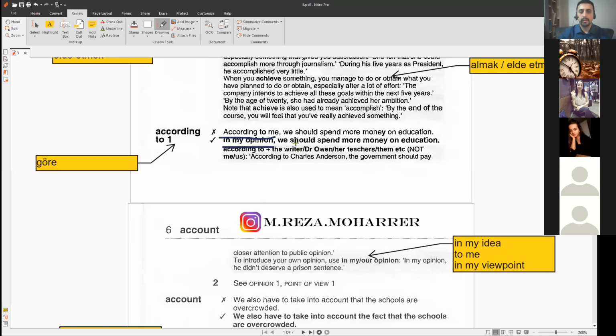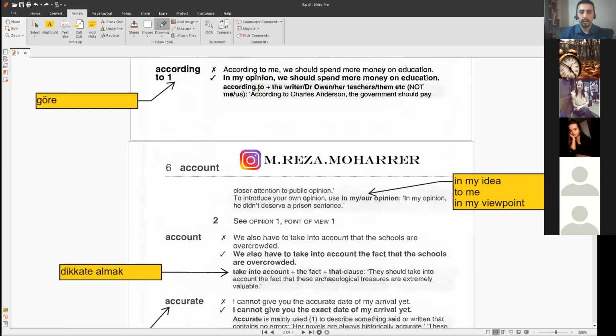In my opinion, we should spend more money on education. So what is the difference between according to me and in my opinion? Recep, can you please read according to? According to the writer, Dr. Owen, her teachers, them, not me, us.